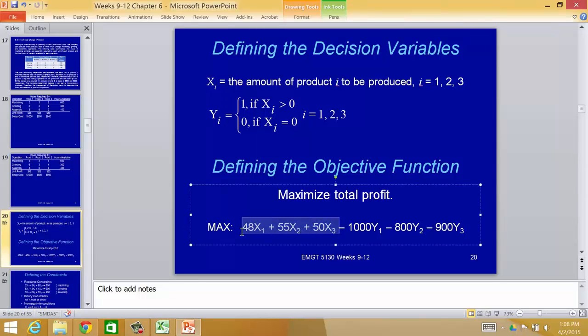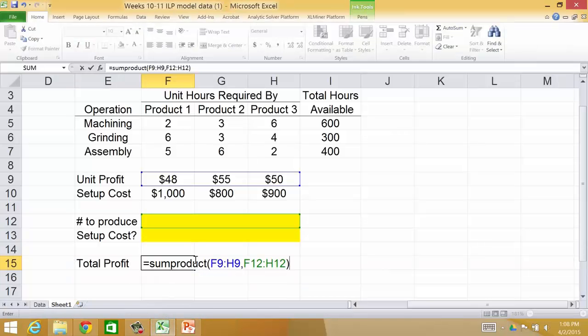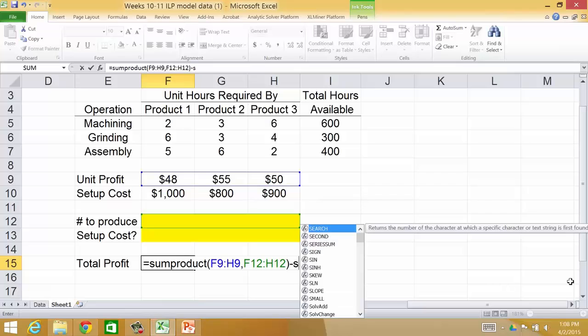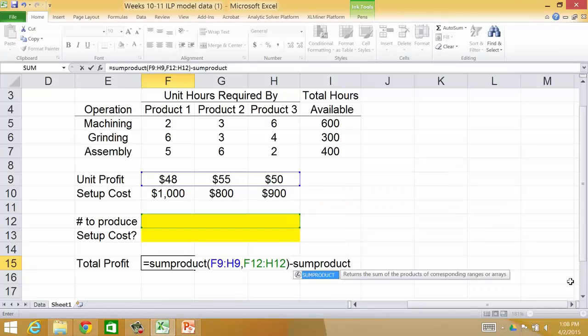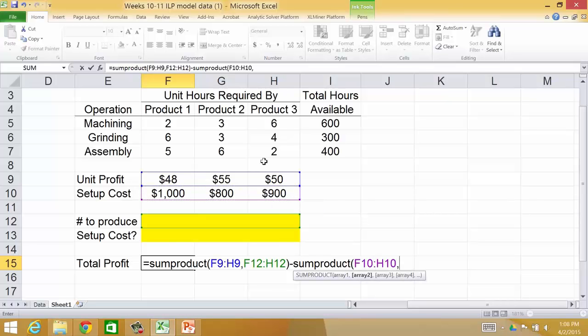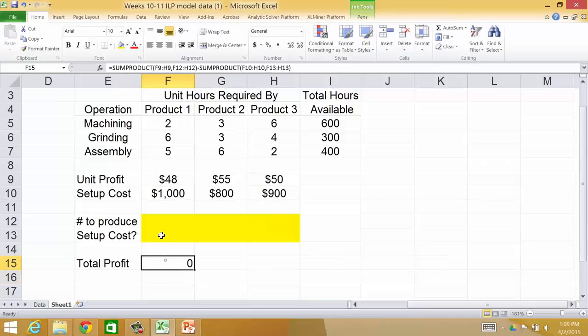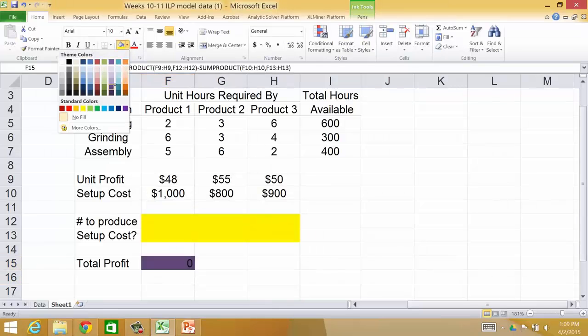Then subtract sum product of the setup cost and the binary variables that will turn them on or off depending on whether they need to be included in this objective function. So this is the objective function, and I'll highlight it in blue.